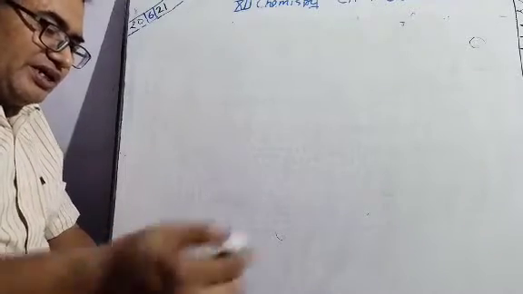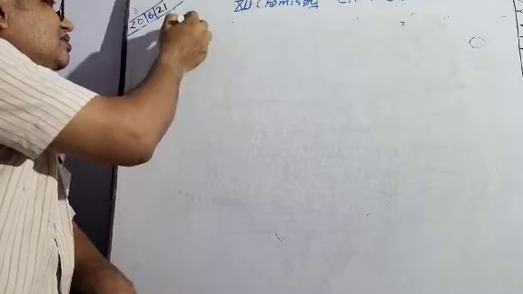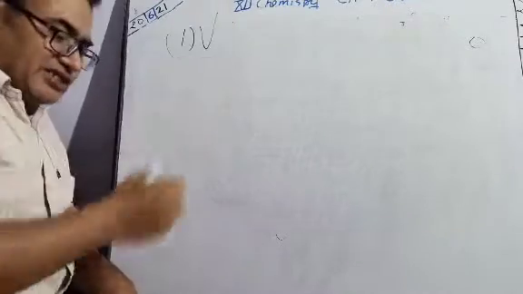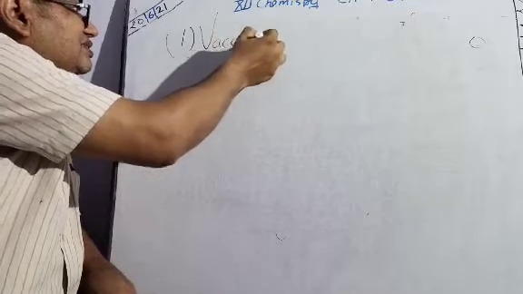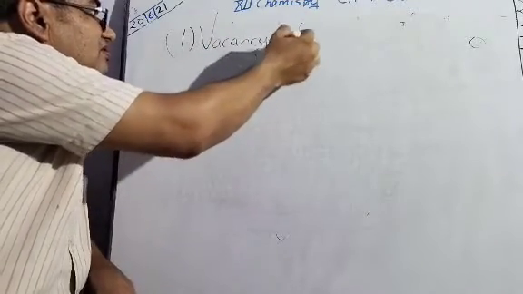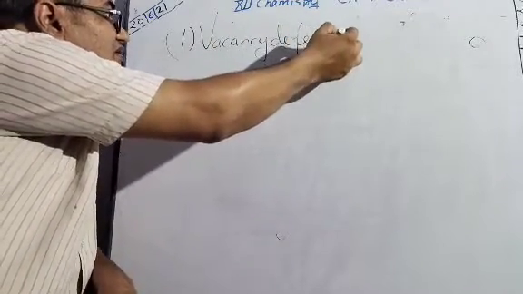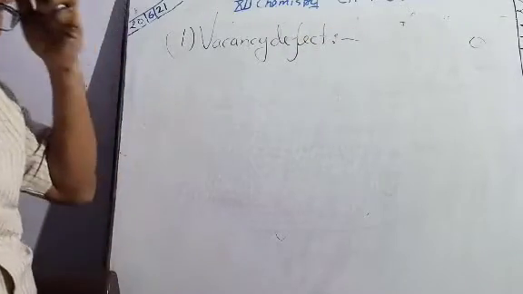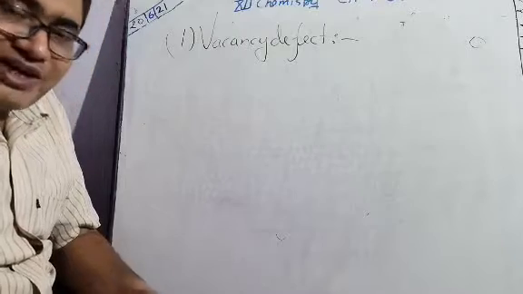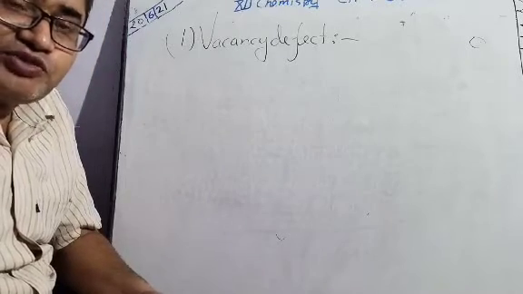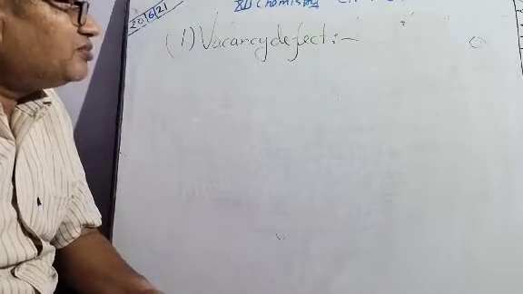Number one, stoichiometric defect. In stoichiometric defect, the first point is vacancy defect. The vacancy defect means whenever any atom is misplaced from its particular position.